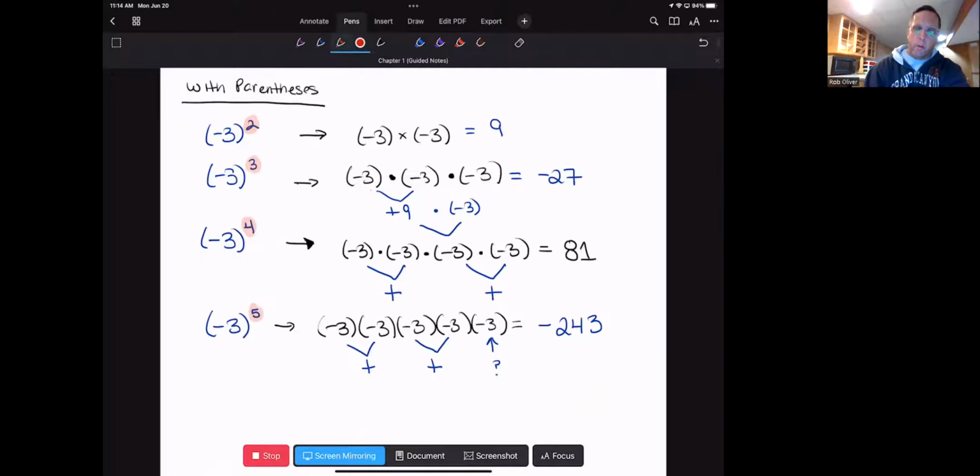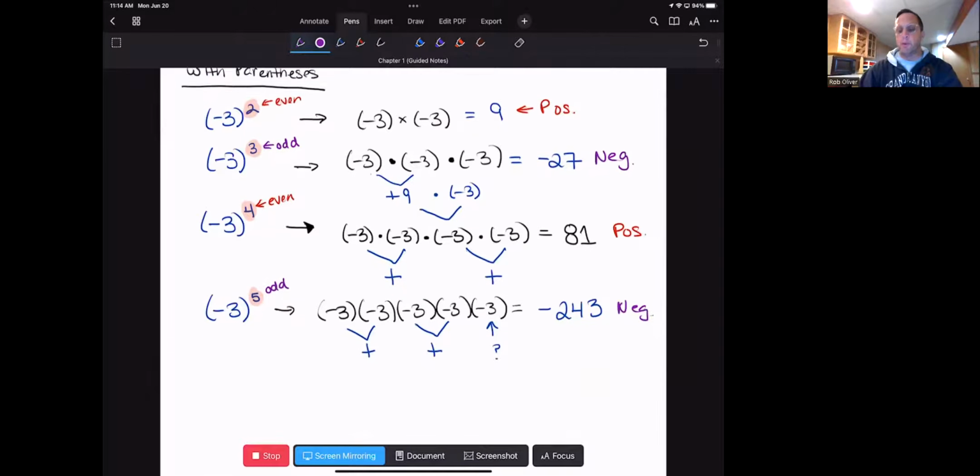When the power was even, 2 and 4, it came out to be positive, in both cases. When it was odd, in both of these cases, it came out to be negative. And that will always be true.